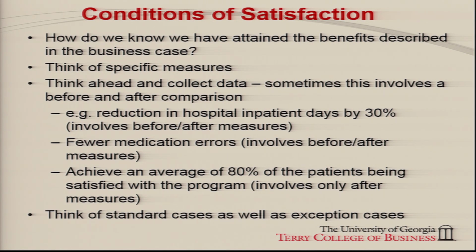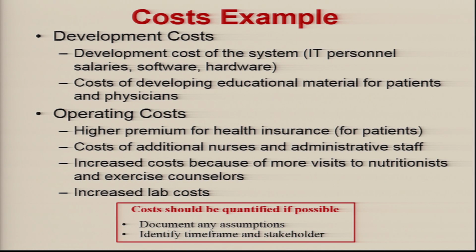So now that we have discussed benefits, let's turn to our costs. And we talked about having development costs as well as operating costs. Like benefits, our costs should be quantifiable and quantified if possible.